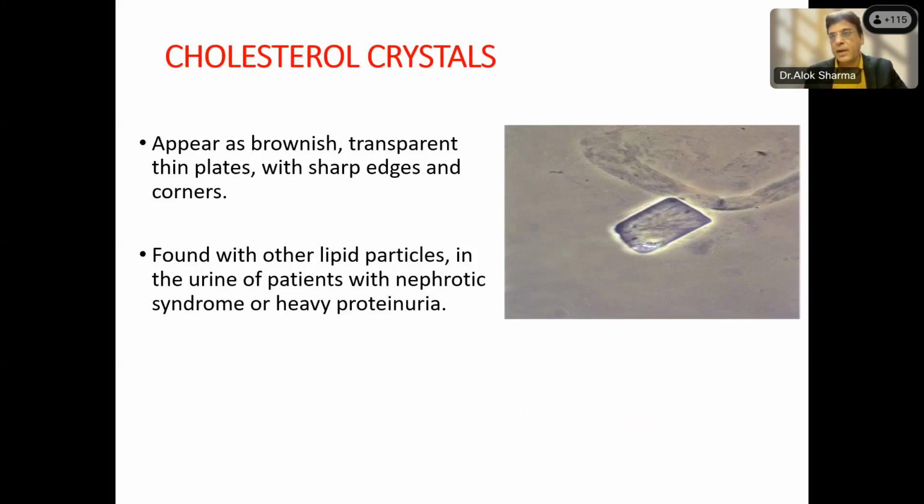This is a polarized light example. Even in polarized light, they are very difficult to identify, but with a good experienced eye, you can identify them. Basically they have sharp edges and corners, which is a very useful way of identifying these crystals. They also often keep company with other lipid particles, which is another way of suspecting them.